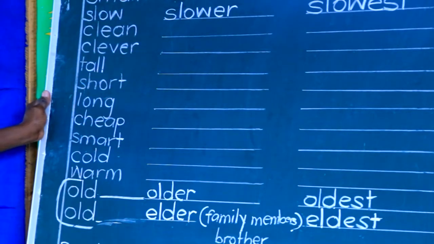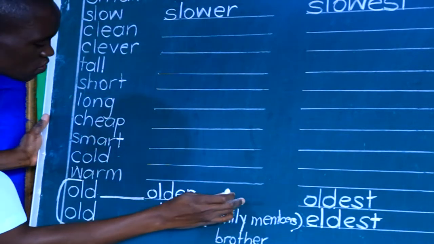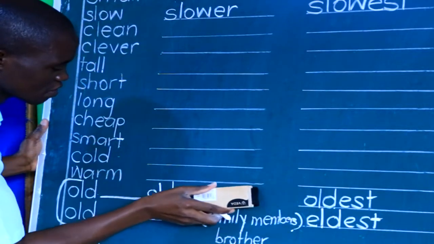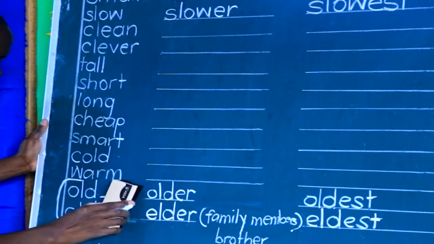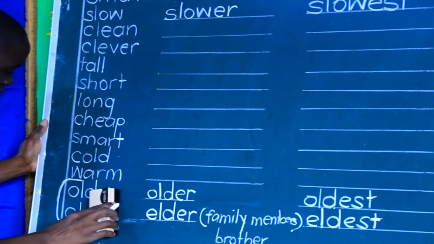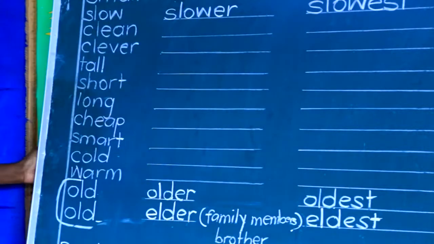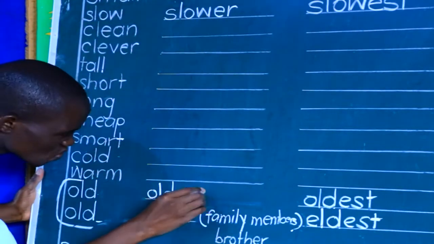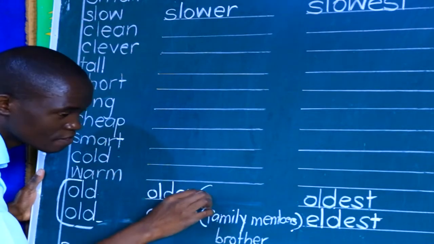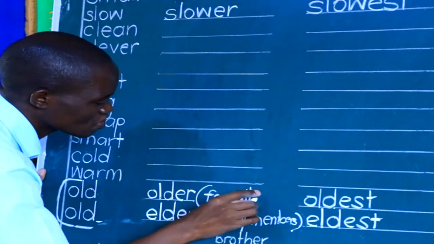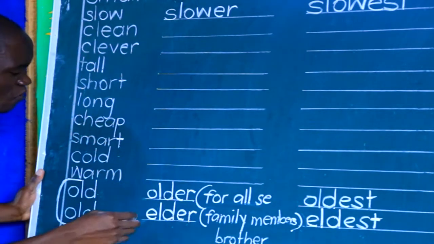When we use older and not elder, the truth is, allow me right here again because I have enough space. From old, we have older, the comparative, but this one is used for all kinds of sentences where you feel like using the comparative.